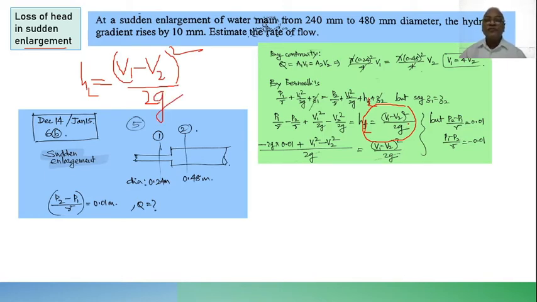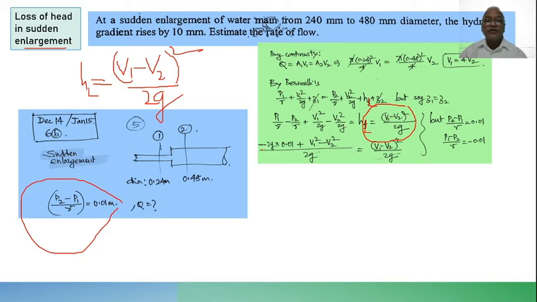Now in this I got V1, V2, and (P1 minus P2) by gamma is given in this manner. But (P2 minus P1) by gamma equals 0.01, so P1 minus P2 becomes minus 0.01. I have written minus 0.01.